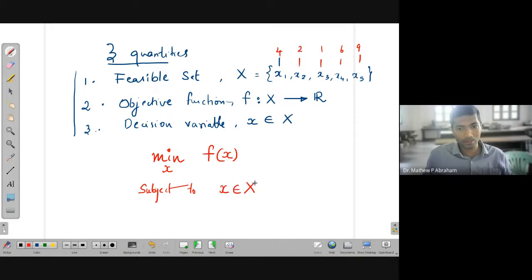The feasible set is also called the constraint set. So this is the fundamental way of writing an optimization problem.